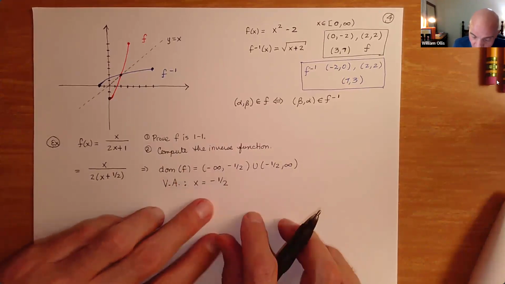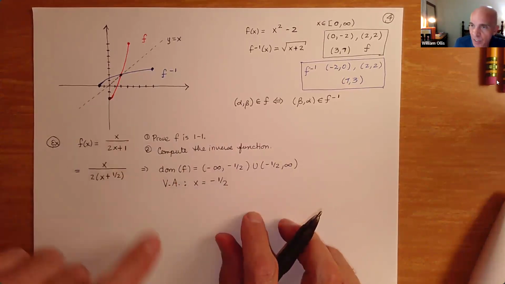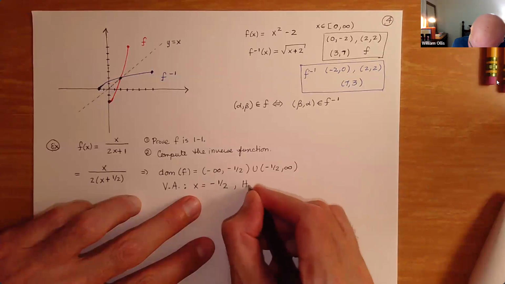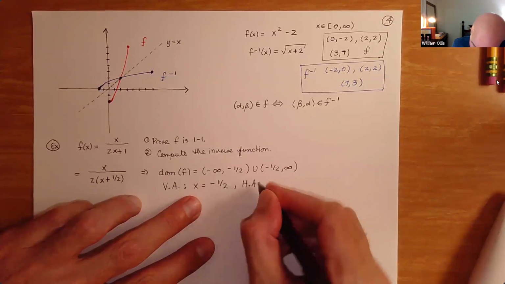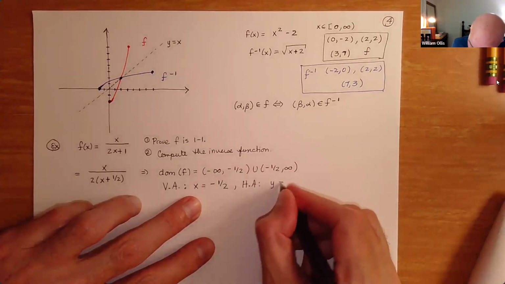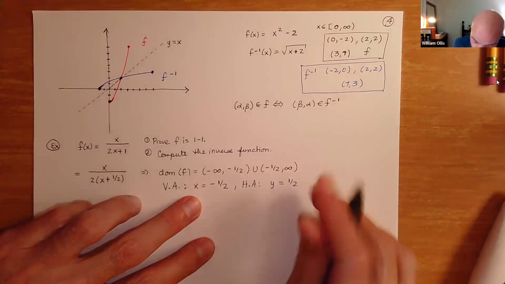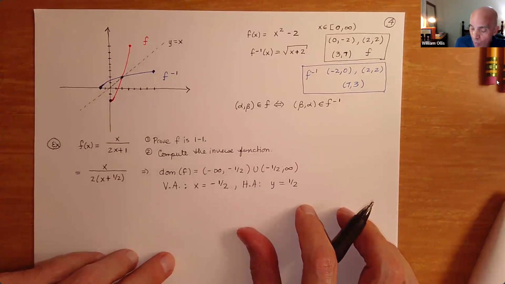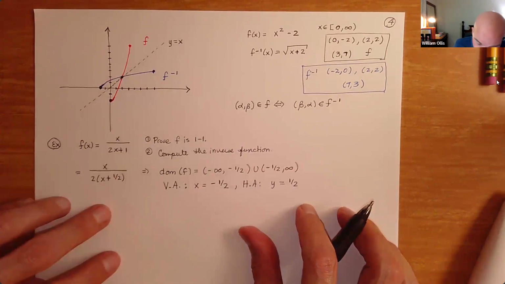And then, of course, we see the degree of the denominator and numerator are both 1. So we take the ratio of leading coefficients to get the horizontal asymptote. Horizontal asymptote is just y equals 1/2. That is, we have the 1 and the 2, so we get the horizontal line y equals 1/2.